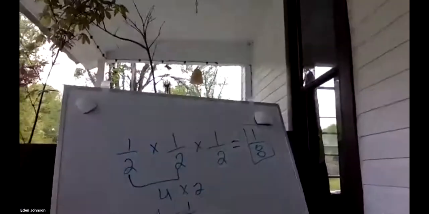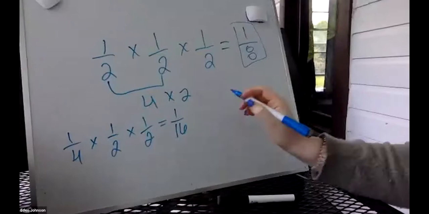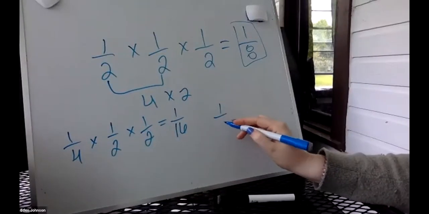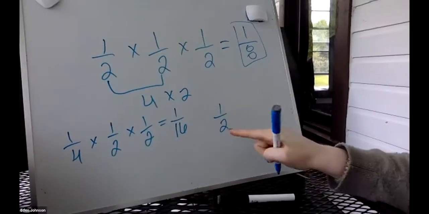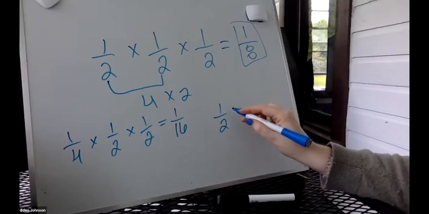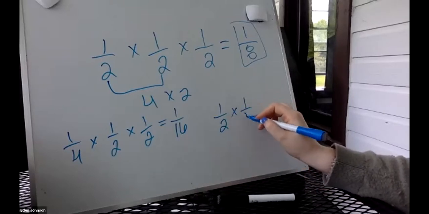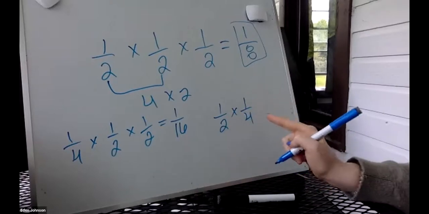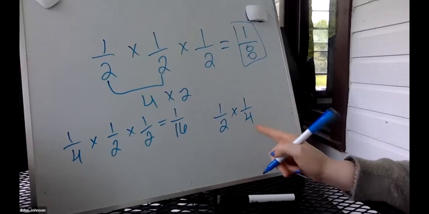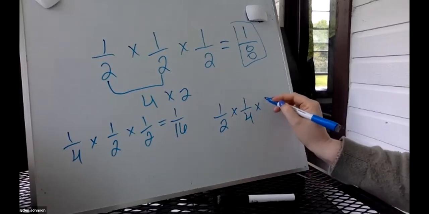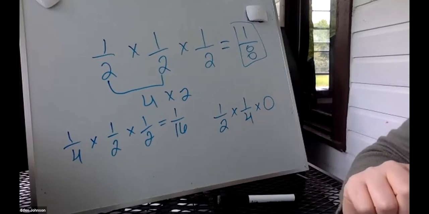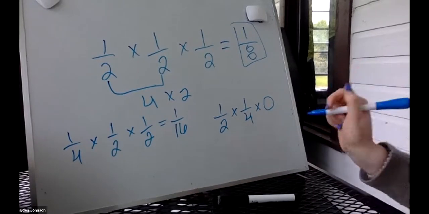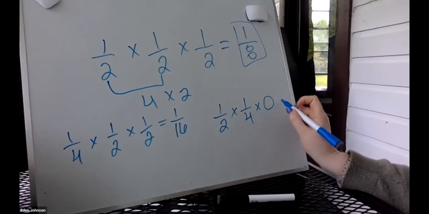So our next example, what if you had half a chance of having a female offspring, a quarter chance of having brown hair, and you could not have brown eyes. Okay, let's just say that that was a thing. So what do you do here?